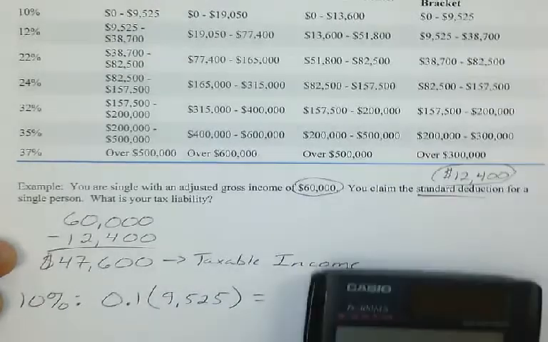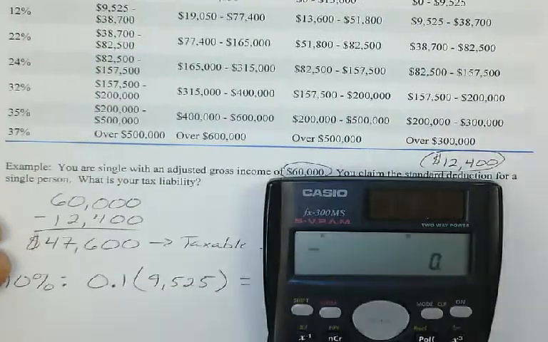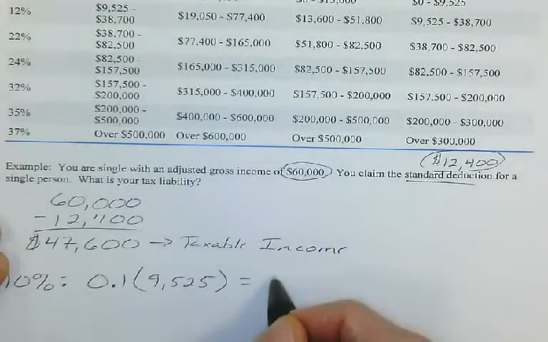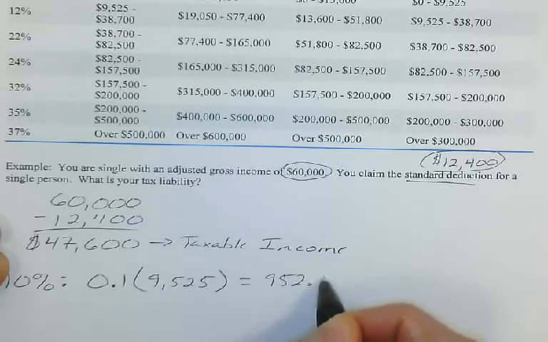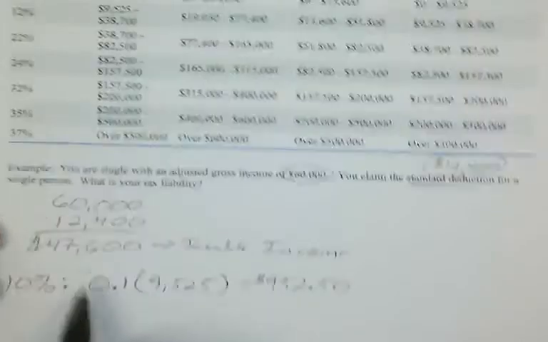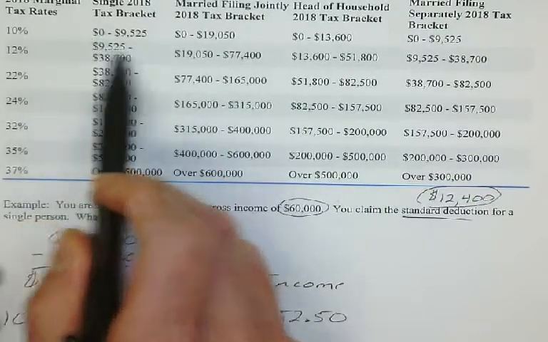I don't need a calculator for this because I can multiply by 10% in my head. 9,525 times 0.1 gives us $952.50. This is the first chunk of tax that this person owes. They filled up the whole 10% bracket.